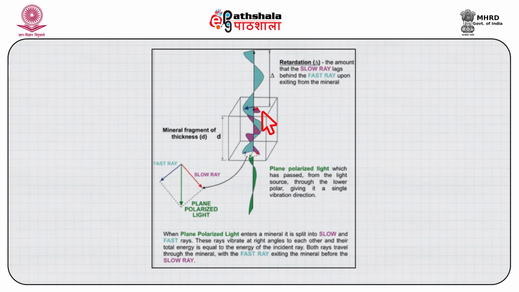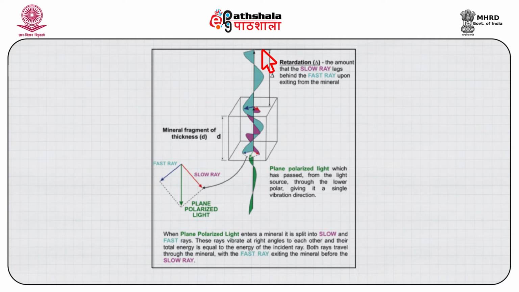This results in the phenomenon of interference. When these rays exit further from the upper polarizer of your microscope, if they interfere constructively or destructively, depending on that, we will see a variety of interference colors or darkness in the mineral which we are observing.